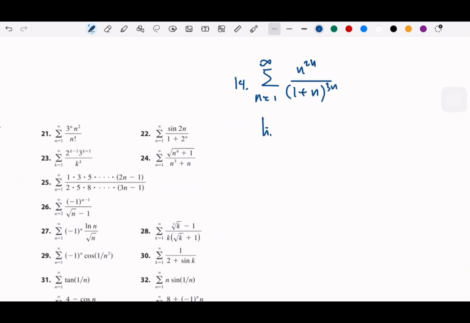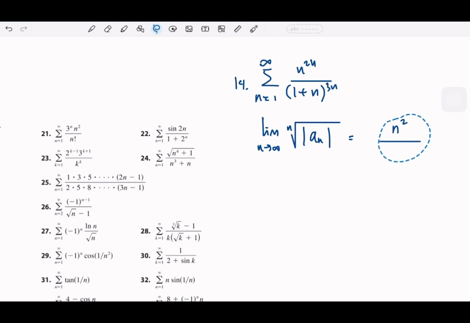So we directly write the square root of, or root of n, and taking this part. So we have n squared over, oh, I forgot the limit, and 1 plus n with power of 3.